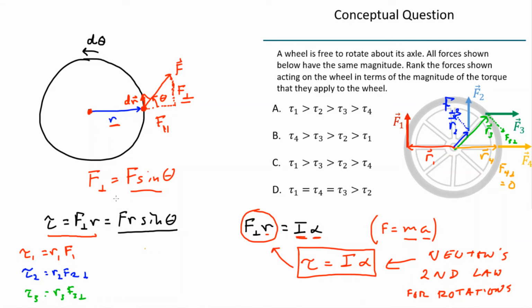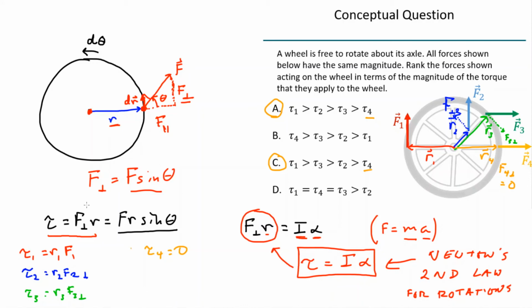And tau 4 just equals 0. So I know that tau 4 has to be the smallest. There's no torque from F4. So it's either A or C. Now take another minute and see if you can figure out which of these it is. Is it A or is it C?